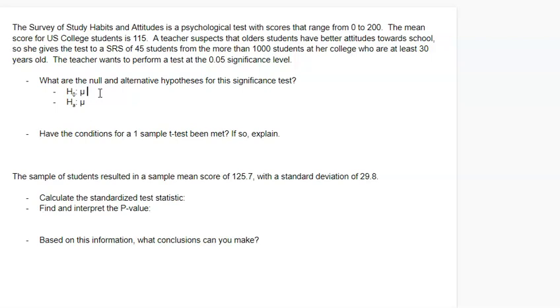We know the null hypothesis should be that the population mean equals a number, and the alternative hypothesis is that the population mean is either greater than, less than, or just not equal to that number.